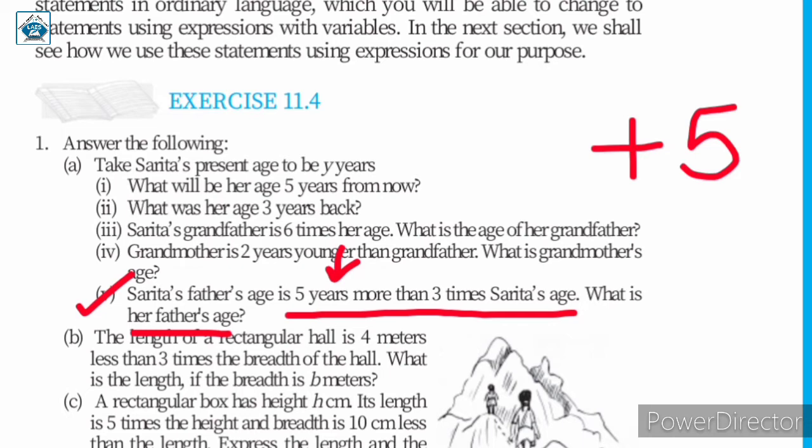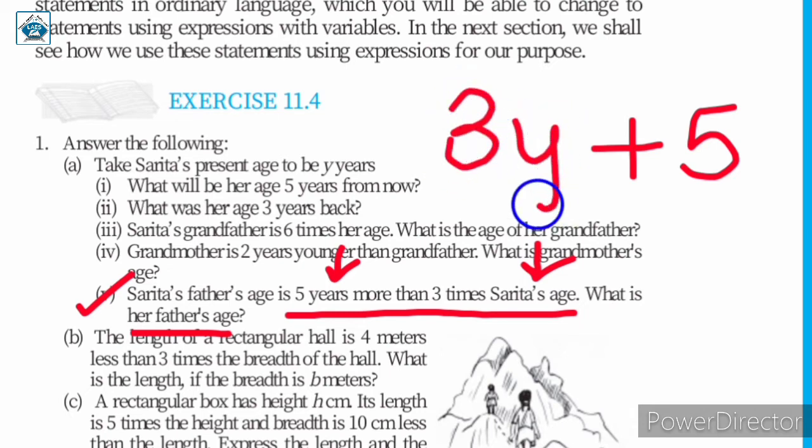Now, times means multiplication with the variable, because Sarita's age is Y years. So 3 times means 3 multiplied by Y, which we write as 3Y. So for 5 years more, we will add 5 to 3 times Y. So 3Y plus 5 is her father's age.